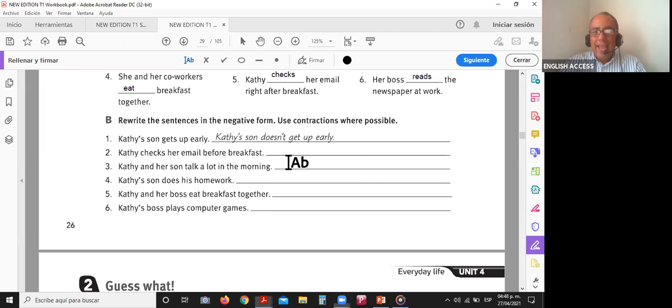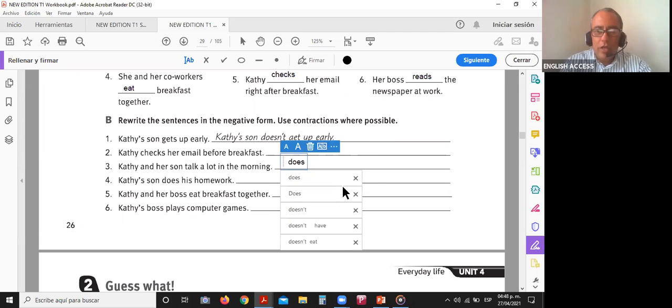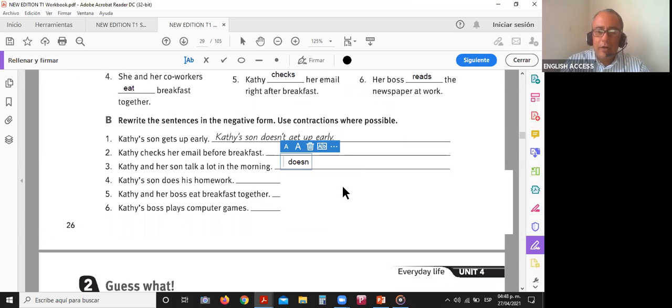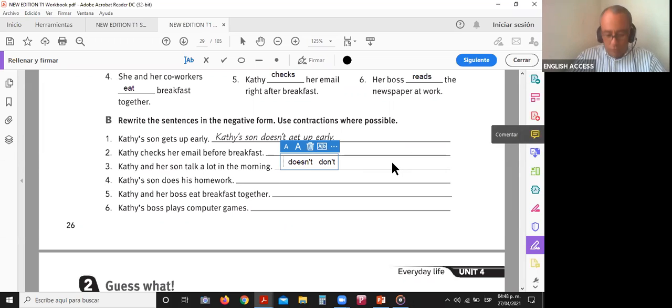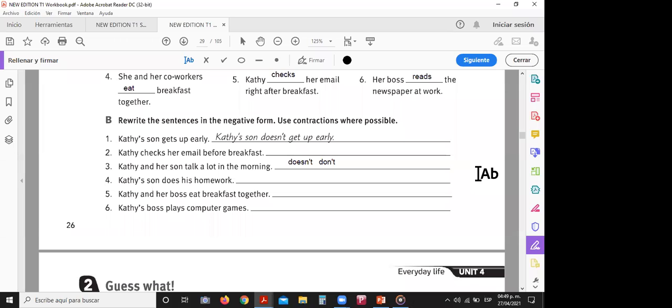Okay, in this case, "does not" or "doesn't" is for third person, he or she. In this case, we have Kathy and her son, so we use "don't," because there are two people there. Kathy and her son don't talk a lot in the morning. Okay? In this case, it is "don't." It's clear, Antonio? Yes. Okay.